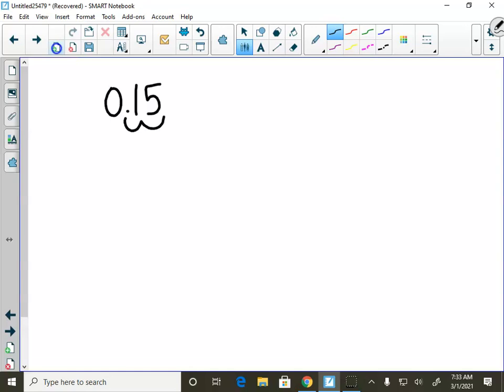So 15 hundredths is 15%. If you had a number like, let's say 2 and 3 hundredths, that's going to become 203%. Again, it doesn't matter what the number is. You're always going to move your decimal 2 places to the right when you're going from a decimal to a percent.